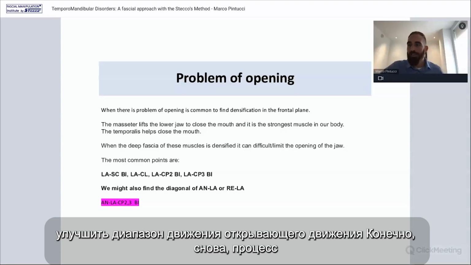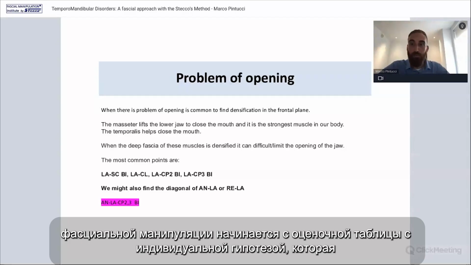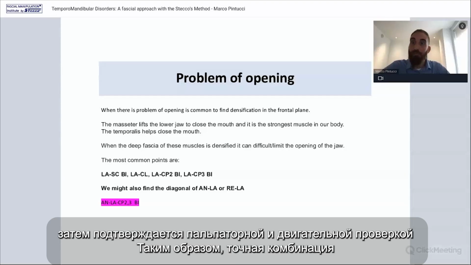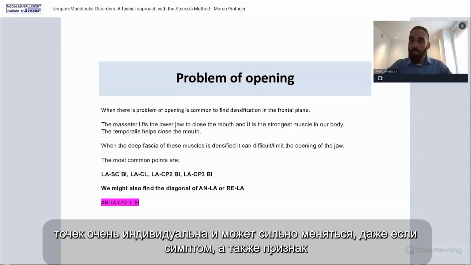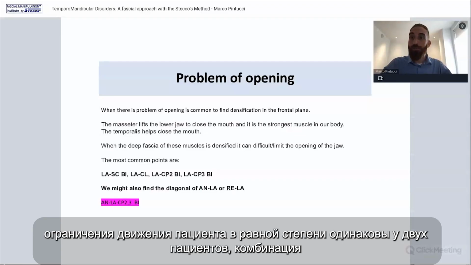Of course, again, the process of fascial manipulation starts with the assessment chart, with an individualized hypothesis, which is then confirmed with movement and palpatory verification. So the exact combination of points is very individual and can change a lot, even if the symptoms and signs of the patient, like limitation of movement, are the same in two patients.